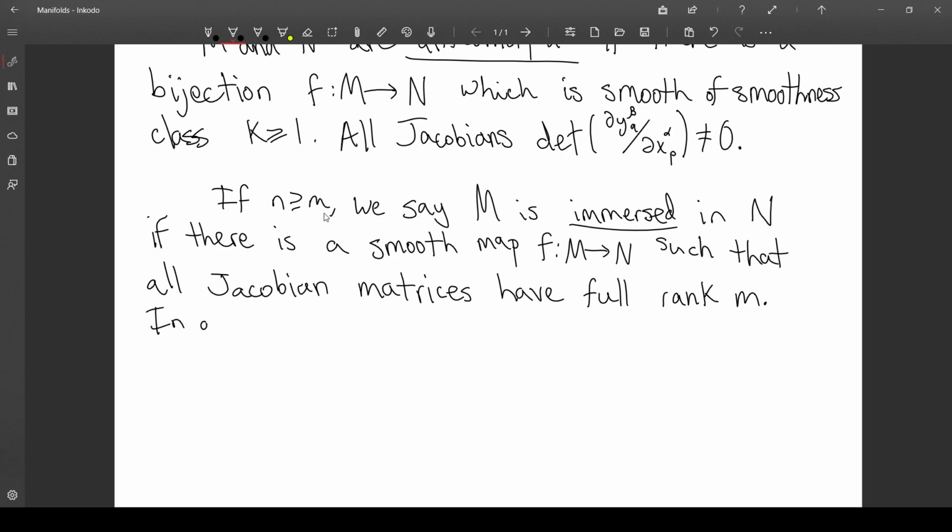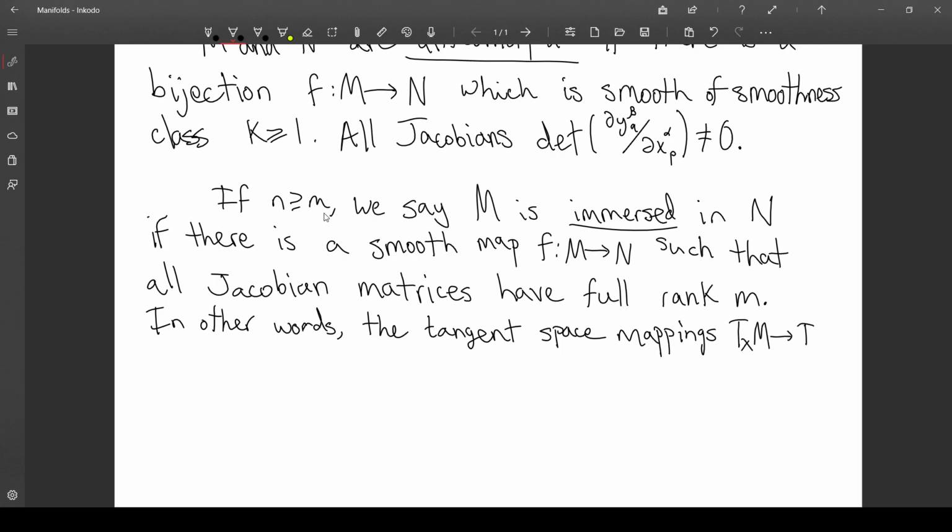In other words, the tangent space mappings T_x M to T_f(x) N are injective.